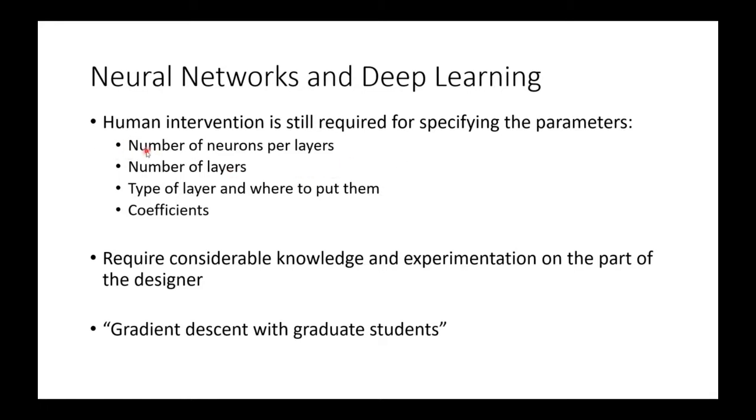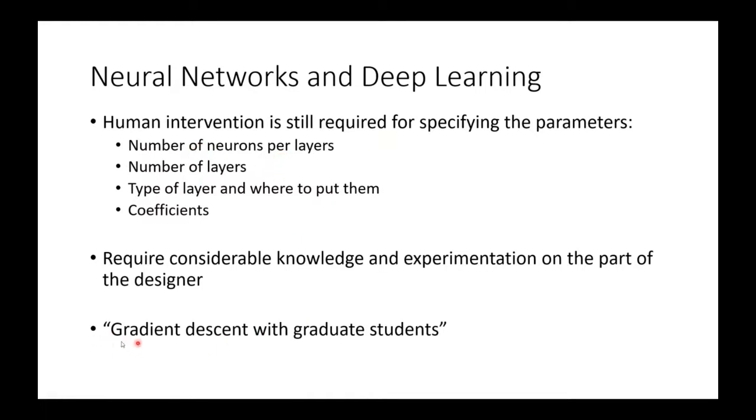But what's not written in the literature are these parameters: the number of neurons per layer, the number of layers, the types of layers, and the coefficients. So what my previous students used to do was basically a big table combining every possible parameter with every other parameter. And that was mad work. It usually takes months and months to find the best parameters.